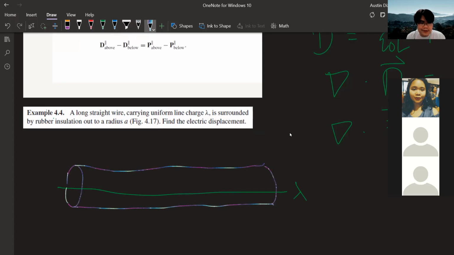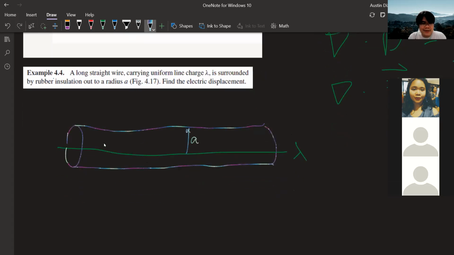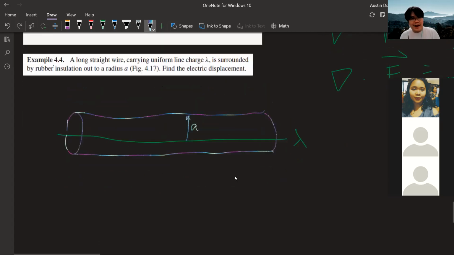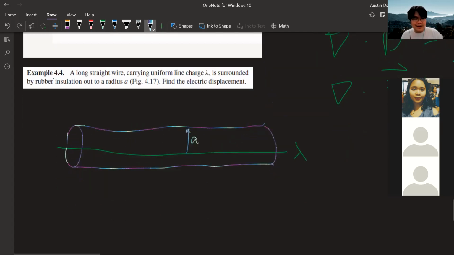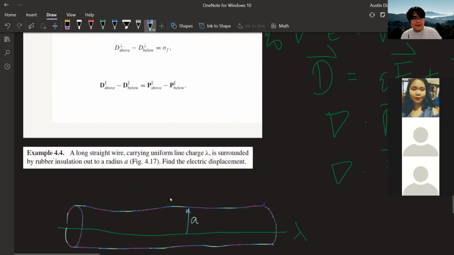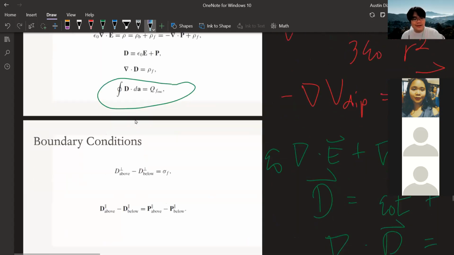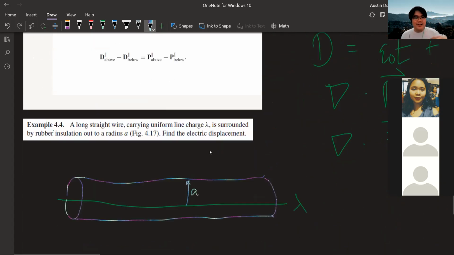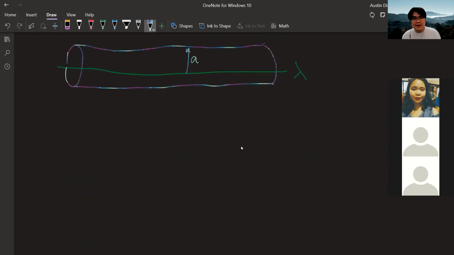Nice. Okay? So syempre ayusin na lang natin yung drawing natin. A yan. Kunwari cylindrical yan. Cylindrical yan dapat. Pangit lang drawing ko. Okay, so find the electric displacement. Gawin lang natin to. So pipili ka ng surface. The Gaussian surface will be, pili ka ng Gaussian surface. Of course, cylindrical din.